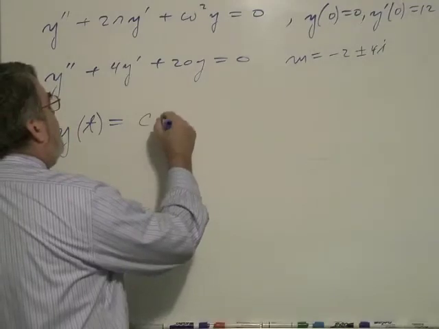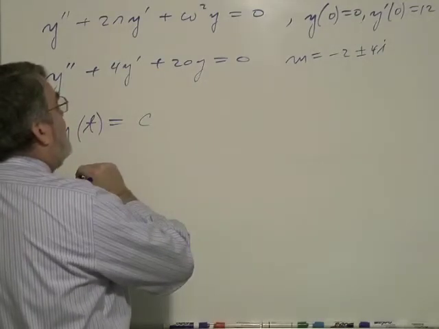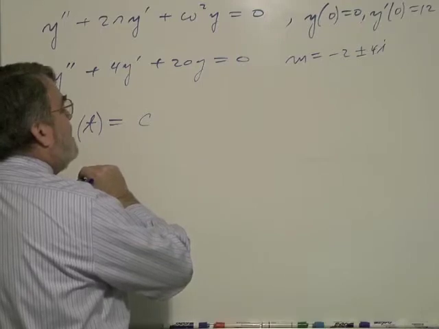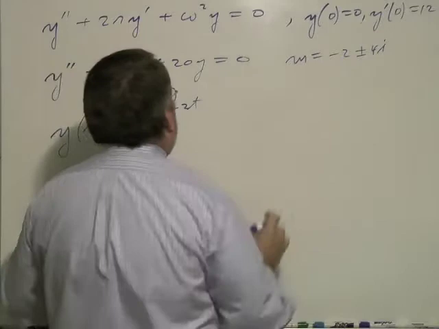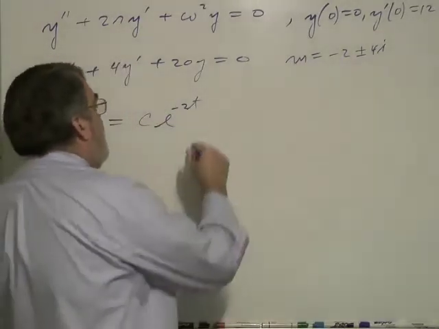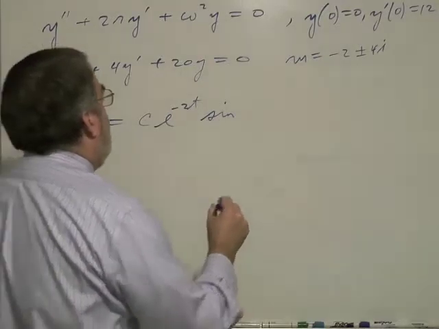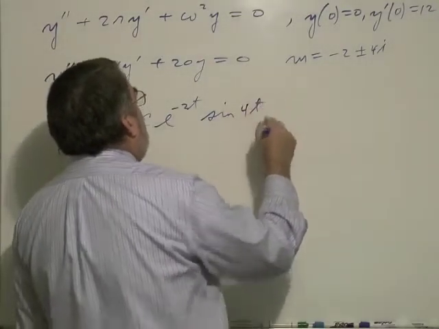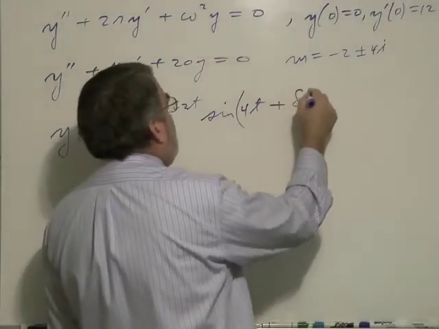So we have c e to the minus 2t, because of the negative 2 here, and then sine of 4t plus delta.